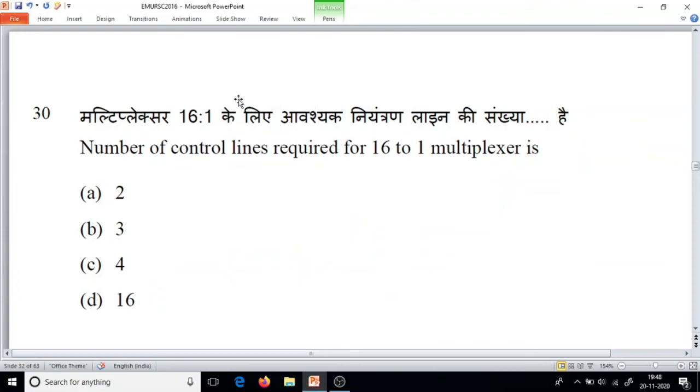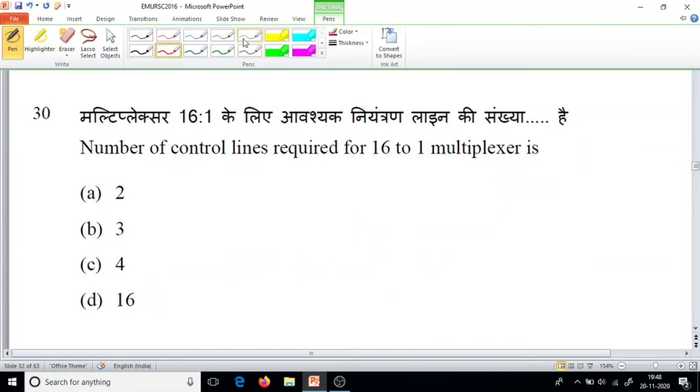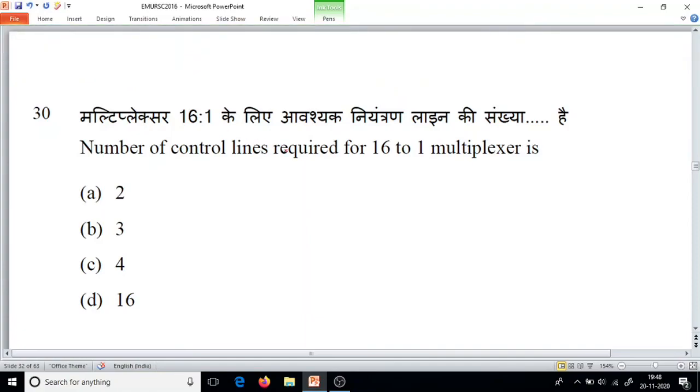Question number 30. This is the last question today. Number of control lines required for a 16 to 1 multiplexer. Mux means many to one.